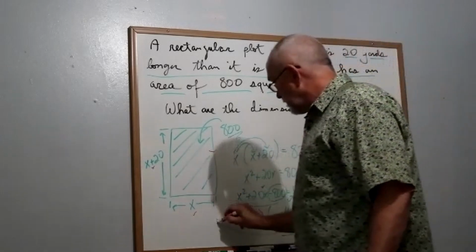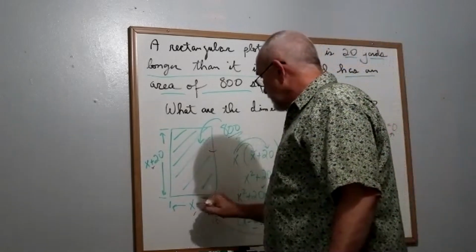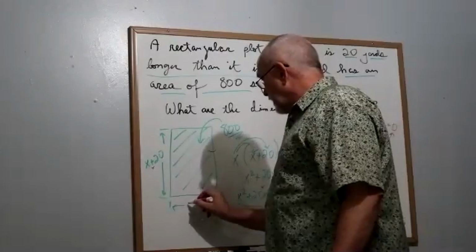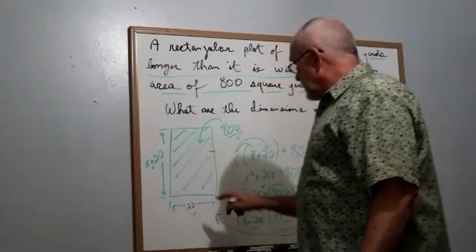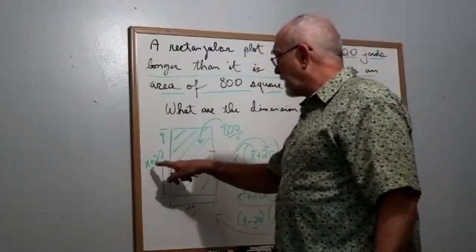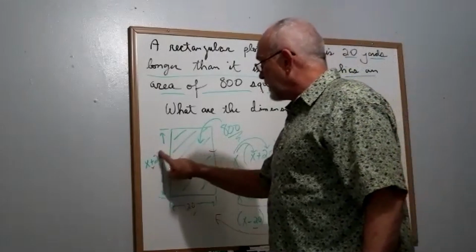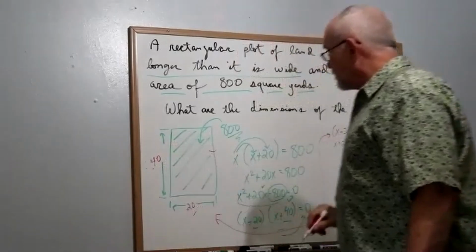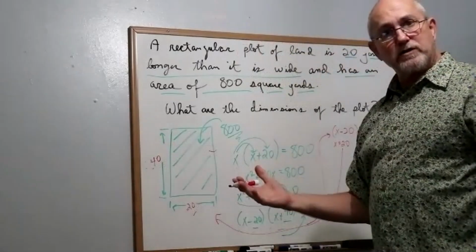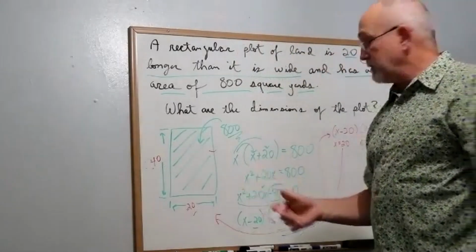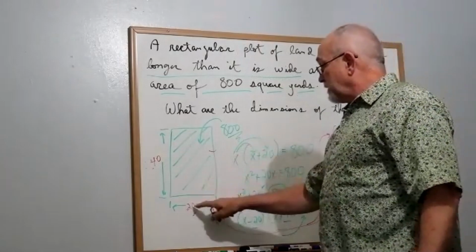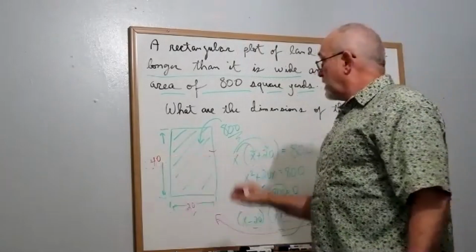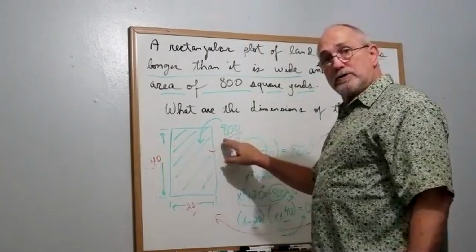So back over here, let's plug the number in and see if it works. That's 20. 20 plus 20 is 40. Now let's double check to make sure we got it right. If we have a plot of land that's 20 by 40, would it equal 800 yards?